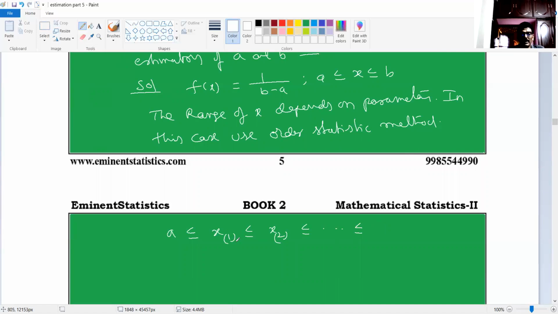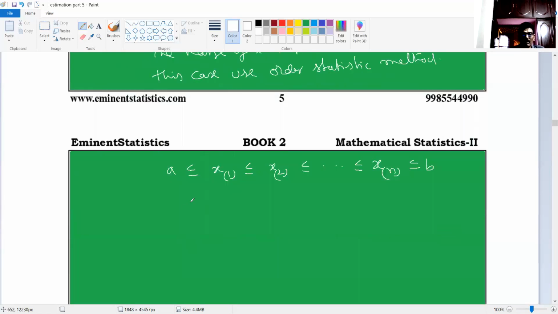a less than or equal to x1 order less than or equal to x2 order less than or equal to ... less than or equal to xn order less than or equal to b. Now in this case, the maximum value of a is x1 order, and the minimum value of b is xn order.